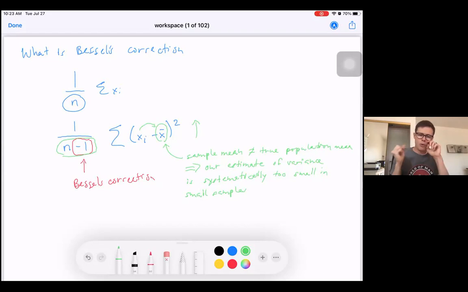If you roll 1,000 dice, on average you'll roll a 3.5. But the 5 is going to be closer to 5.5 than to 3.5, and the 6 will be closer to 5.5 than to 3.5. So the sample mean in a small sample is going to be artificially close to each of the data points in our sample.